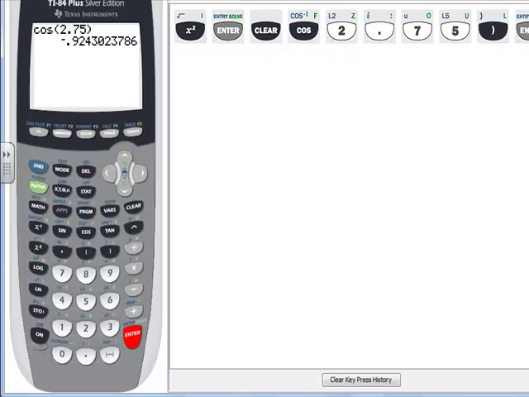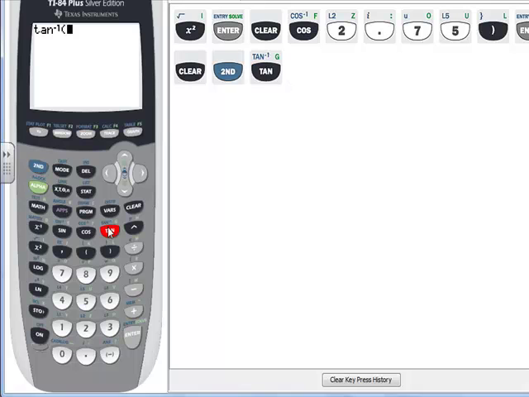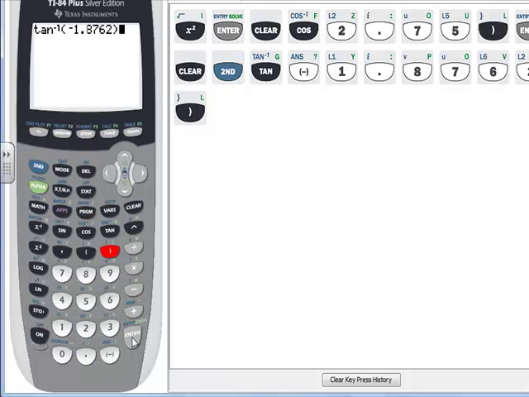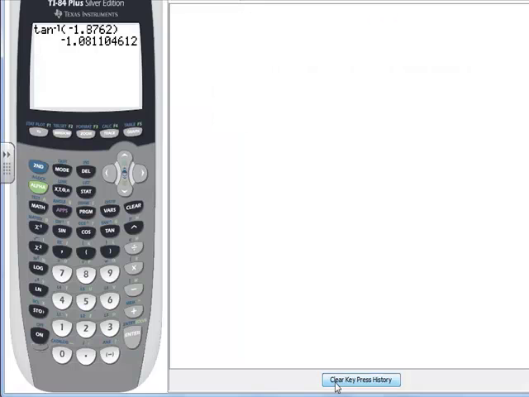And so I'm going to go to my calc here. I'm going to hit second tangent and type in negative 1.8762 and hit enter. And notice that a negative value comes out. So that's negative 1.08.